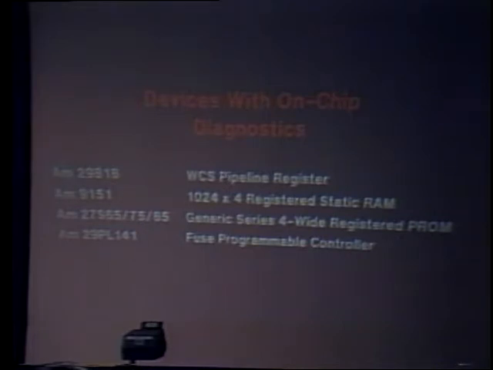These are the devices available today which have an on-chip scan register. This one is a writable control store pipeline register. Then there is a registered static RAM, a general series 4-wide register PROM, and a fuse programmable controller. All of these devices have this structure in them.